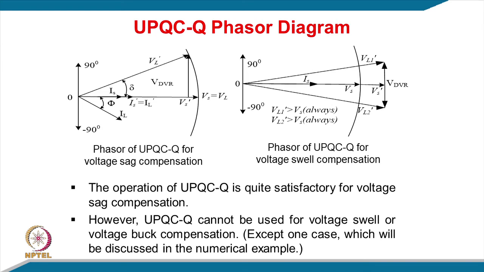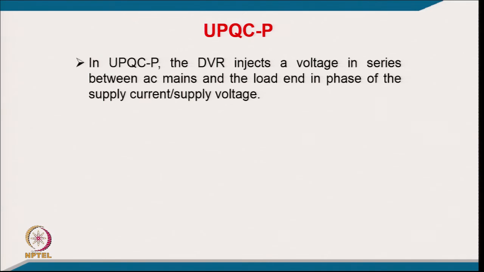So, the operation of UPQC is quite satisfactory for voltage sag compensation. However, UPQC cannot be used for voltage swell, for buck operation, except in one case which will be discussed in the numerical example. Now, coming to the UPQC-P, in UPQC-P the DVR injects the voltage in series between the AC mains and the load, in phase with the supply current and supply voltage.